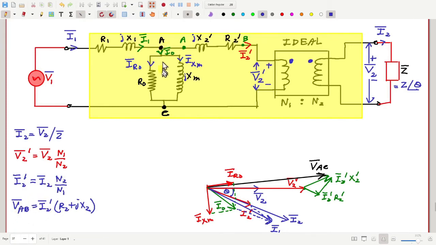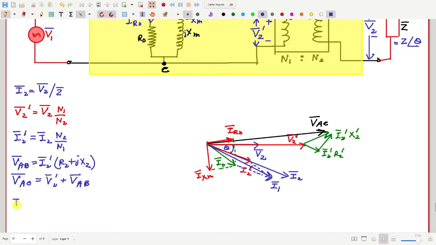After VAB, what did I find? I found VAC, that was the sum of V2 prime plus VAB. Okay, now once I know VAC, I found I0, that was VAC divided by the parallel combination of R0 and jXM.